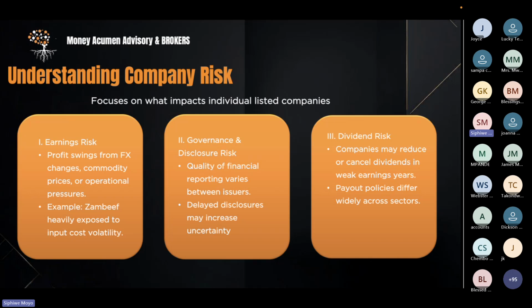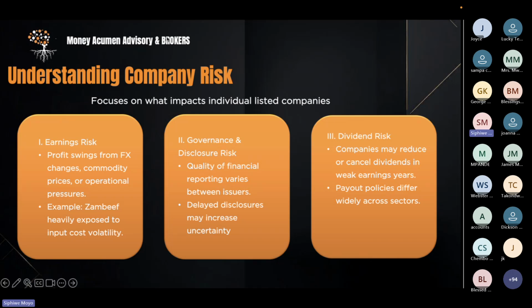So these are not guaranteed and may vary depending on the company's performance and board decisions. Even historically strong dividend-paying companies may reduce payouts during weak earnings years or high reinvestment cycles. Remember, companies can choose to reinvest the entire profits into future projects.